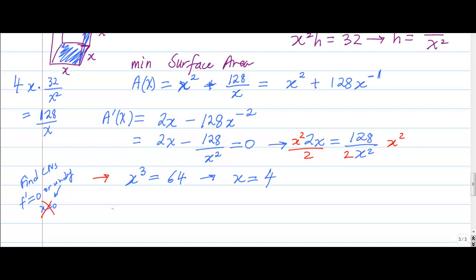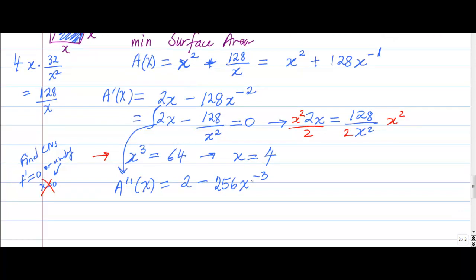Let's take the second derivative here. So where's my first derivative? Right here. Second derivative, from here rather, is 2 minus 256 x to the negative 3, okay?